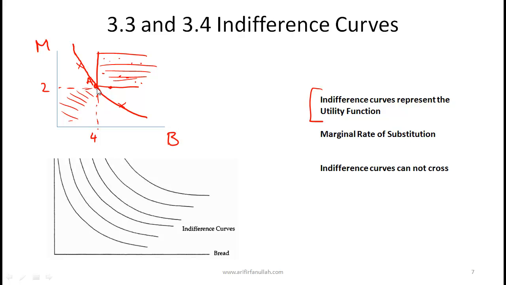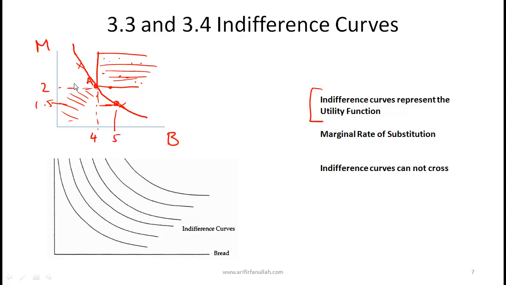So if you are initially at 4 slices of bread and 2 cups of milk, then you can be equally happy, for example, if you have 5 slices of bread and say 1.5 cups of milk. This might vary from person to person depending on how much you like milk and how much you like bread, but for anybody, this will be a negatively sloped curve, and depending on your preference, the curvature or the convexity.